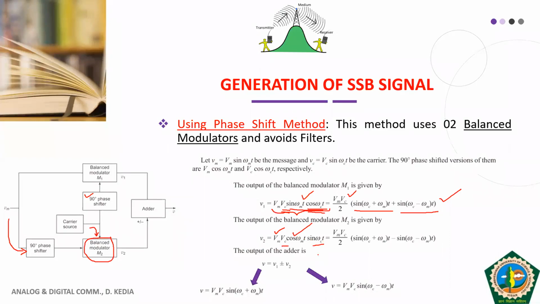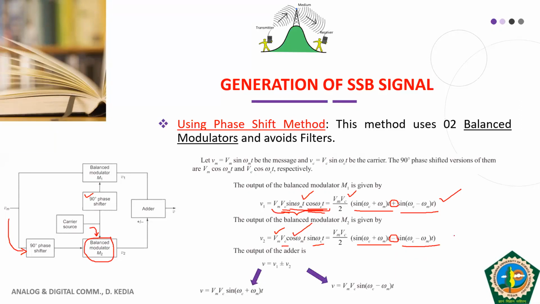Again, the two signals are multiplied and we apply the same identity. Then we get Vm Vc by 2 multiplied by sine of omega c plus omega m t minus sine of omega c minus omega m t. Notice the difference in the sign. In the output of balance modulator 1, we have a plus sign between the two terms, whereas in balance modulator 2, we have a minus sign between the two terms.